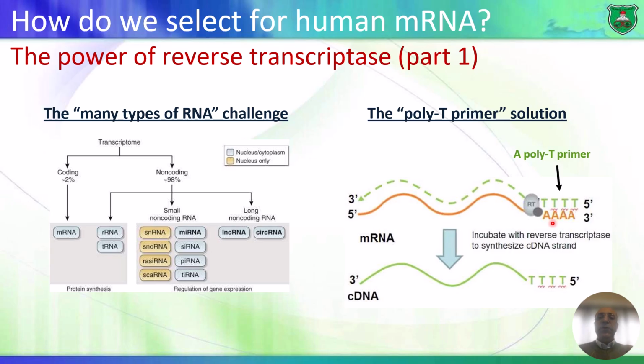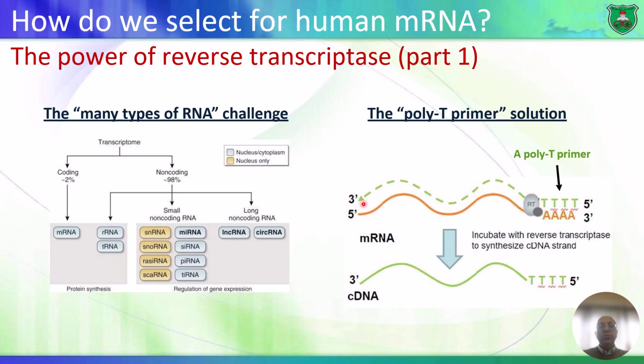And this enzyme requires a primer, just like DNA polymerase does. So we use a poly-T primer. Okay, so we add this poly-T primer, and the reverse transcriptase synthesizes the first strand of DNA.